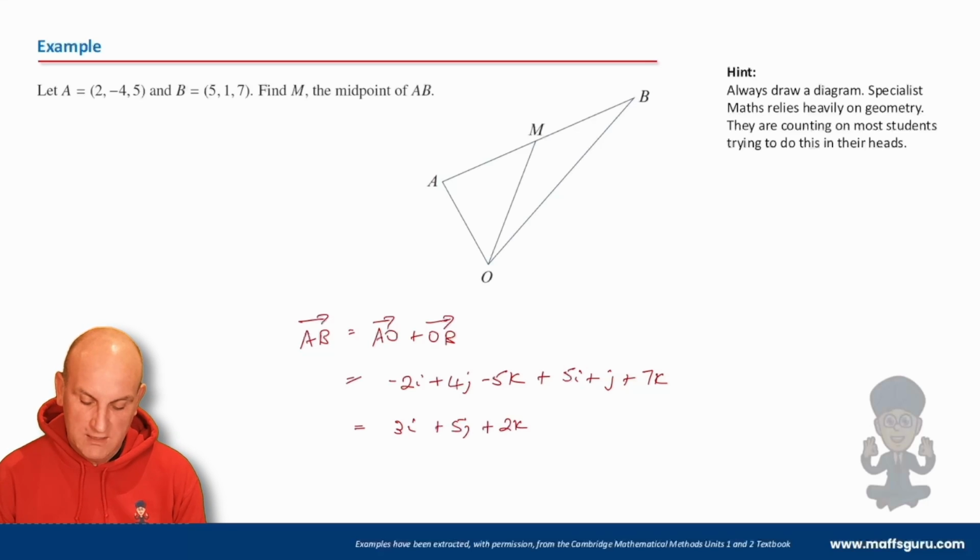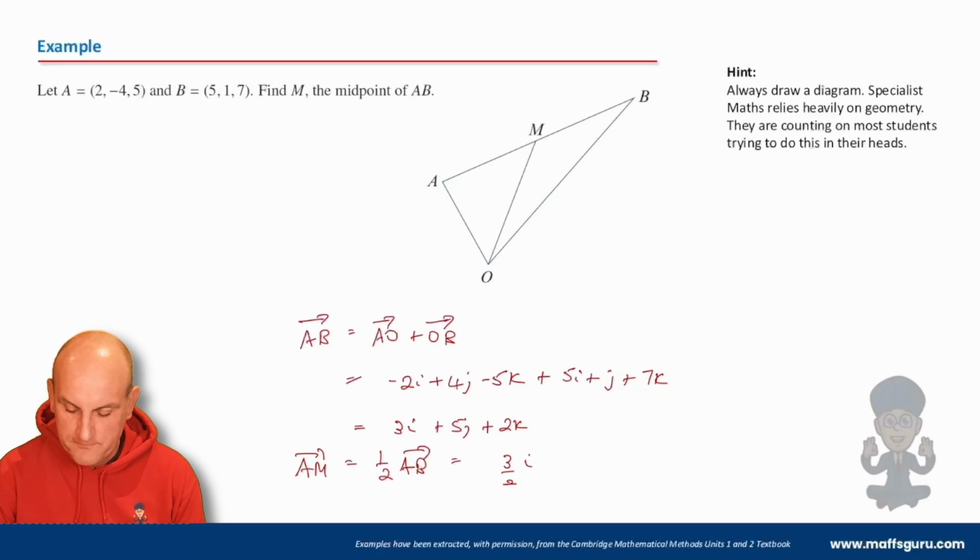There we go. So that's AB. So we now know A to M, which is a half of AB, is going to be 3 on 2 i plus 5 on 2 j plus k. All right, so that's A to M.